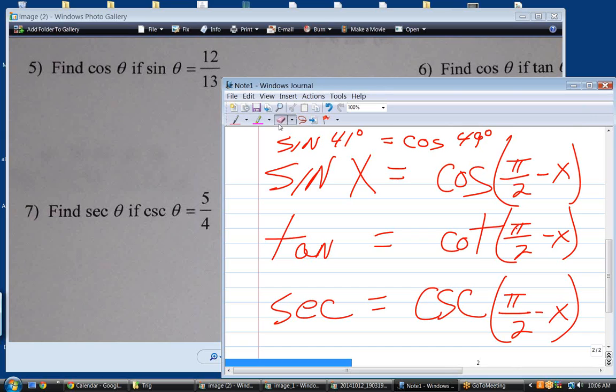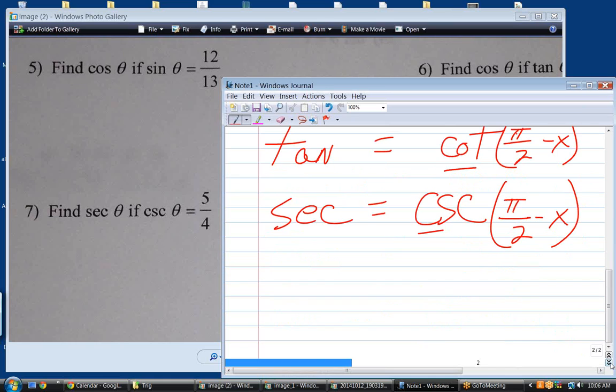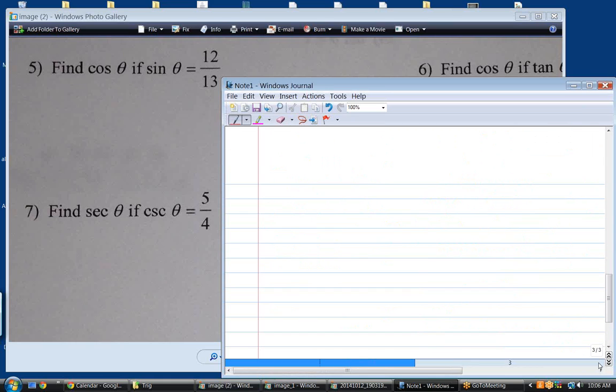That's the property of cofunctions. And similar to reciprocals, these have exactly one co in them, but it's always in a specific spot. It's always in front of the name. Okay, so that's cofunctions in a nutshell.